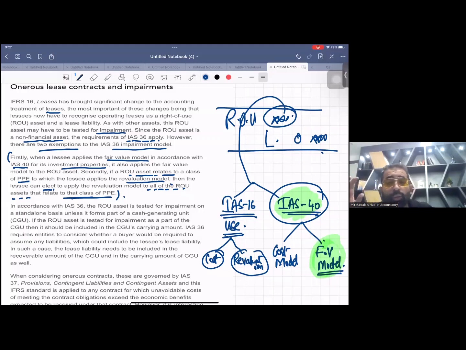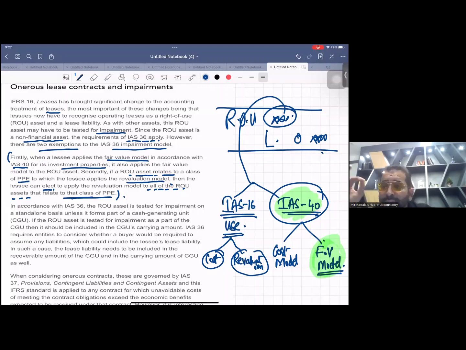Otherwise, what accountants will do is pick good properties and apply the revaluation model on them, and apply the cost model on bad properties. So what IAS 16 says is, if you apply the revaluation model on one property, you have to apply it on all properties. Let me repeat it again: my dear students, if you apply the revaluation model on one asset, you have to apply that revaluation model to the whole, complete class of asset.